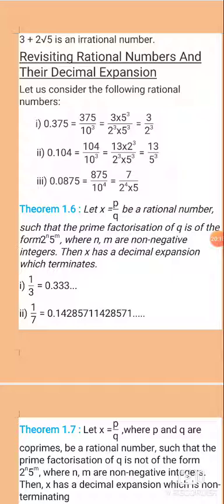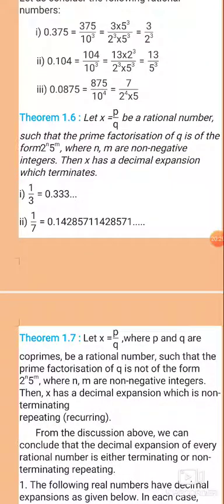Listen carefully here, 1 by 3 and 1 by 7. The denominators q are not in the powers of 2 and 5, where n and m are non-negative integers. Such a type of decimal expansion is non-terminating, repeating or recurring. Now from the above discussion, we can conclude that the decimal expansion of every rational number is either terminating or non-terminating, repeating.